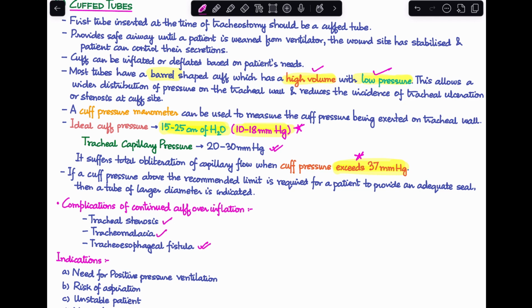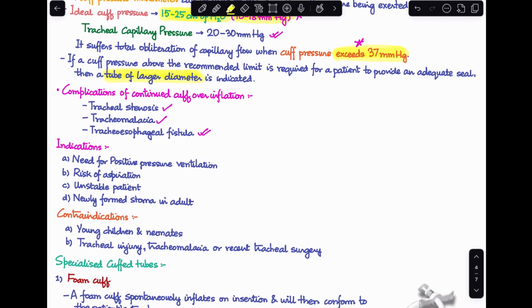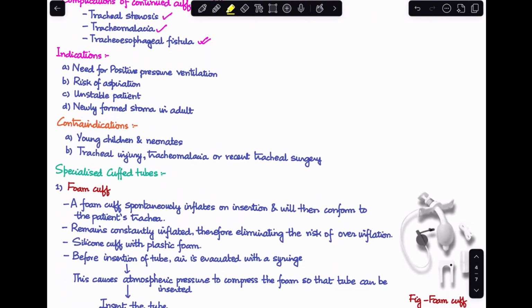Now, if we find that we need to put excess pressure inside the cuff so as to maintain the seal in the patient, we should be aware that probably the patient needs a tube of larger diameter, and this tube is not serving the purpose anymore. Next, let's talk about what are the indications and contraindications of cuffed tubes.